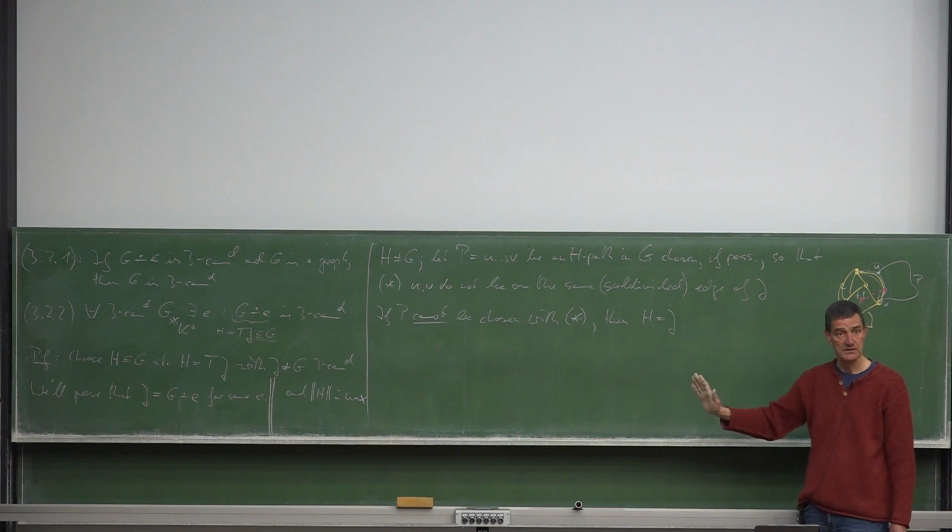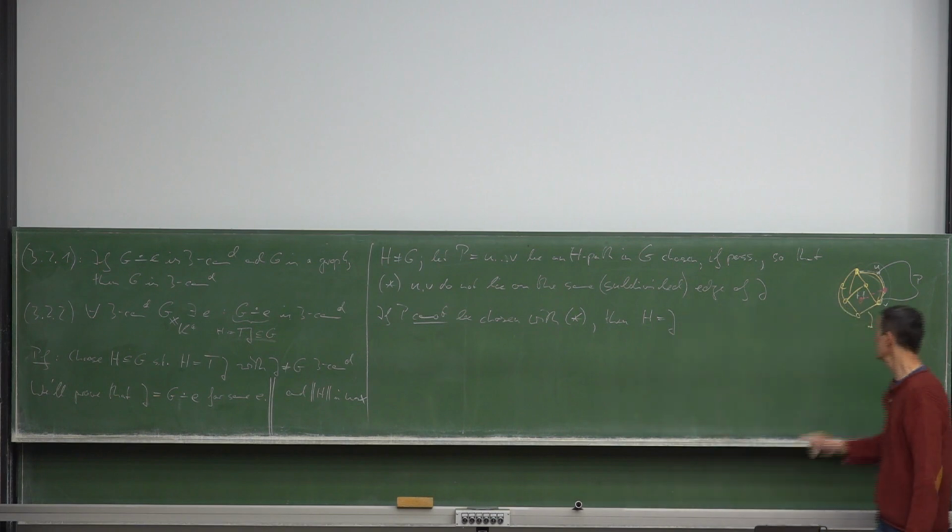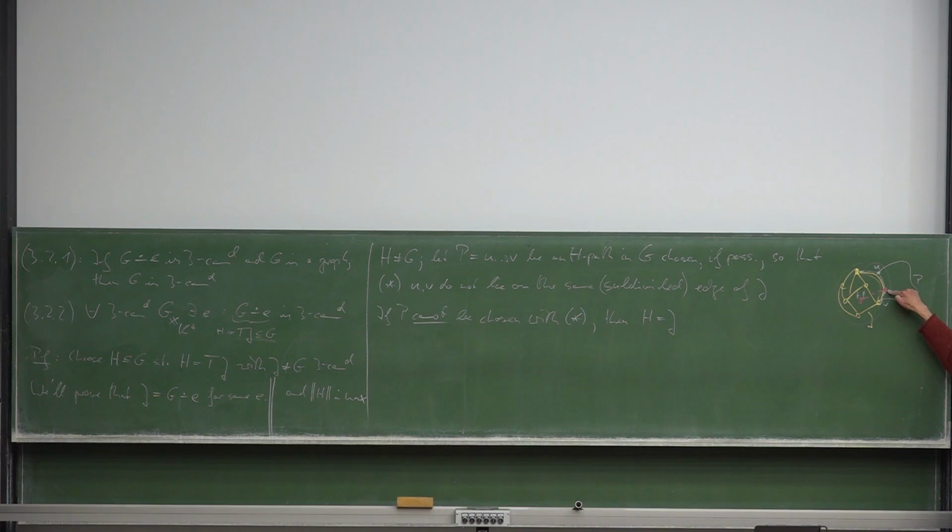Suppose not. Then we obtained H from J by subdividing some edges of J. Let's look at such a subdividing vertex. Then the two ends of the edge of J that we subdivided do not separate this vertex from the rest of J in G, because G is 3-connected.